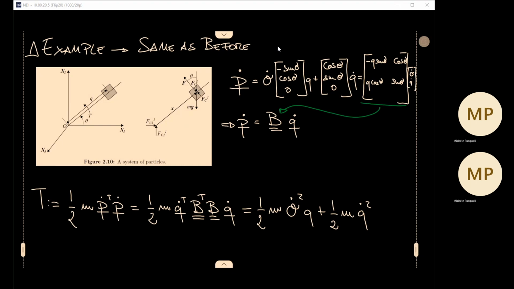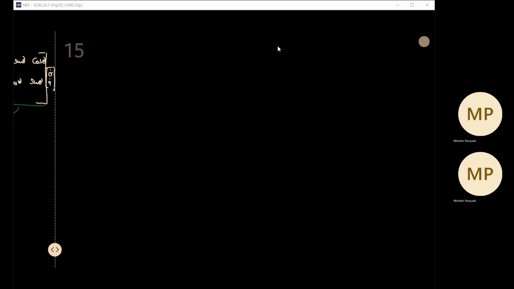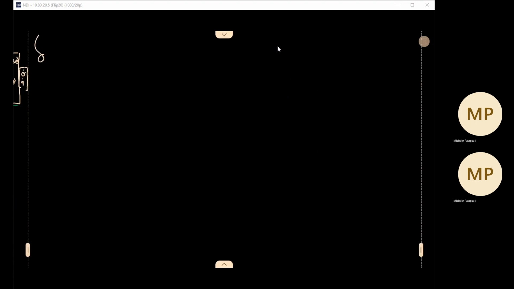Now all we have to do is this. We remember the work of external forces that we wrote like this.